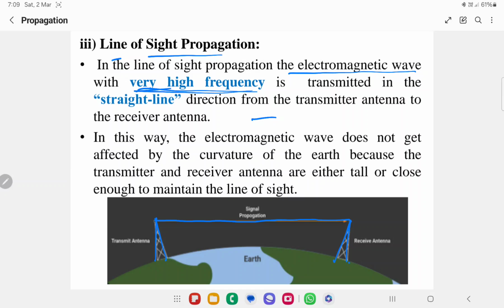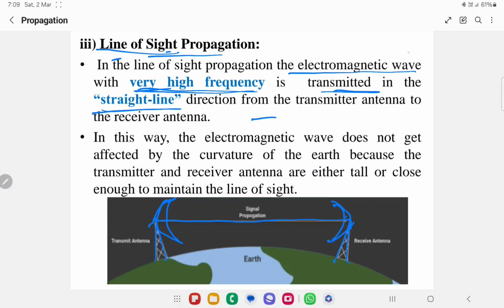That's why it's written very high frequency. But it is transmitted in a straight line, and that's why the word came, line of sight. Here, if you have, suppose, a dish type antenna, these two should be face to face.